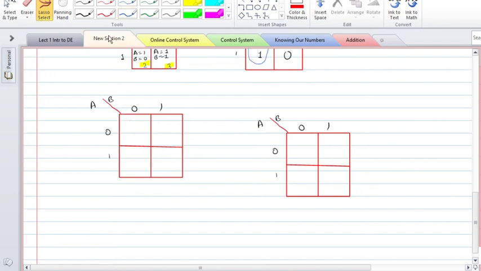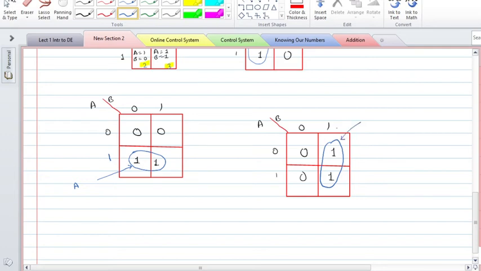Now let's have another example. If 1 1 is here, then possibly the group will be this one. For this group, A is remaining constant as 1 and B is changing, so B will get eliminated, so the result will be A. Similarly, if 1 1 is there in these two cells, then the possible largest group of cells is this one.